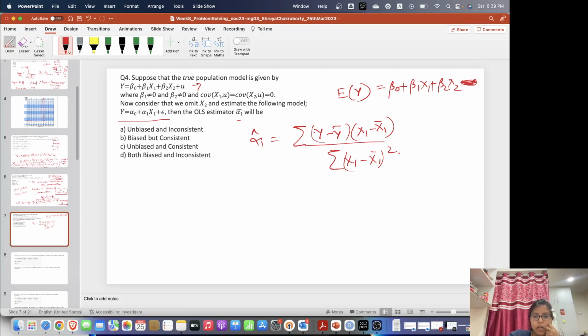But here we are considering the estimated model. So when we calculate the expectation of y, we would have alpha naught plus alpha 1 x1 plus expectation of epsilon.